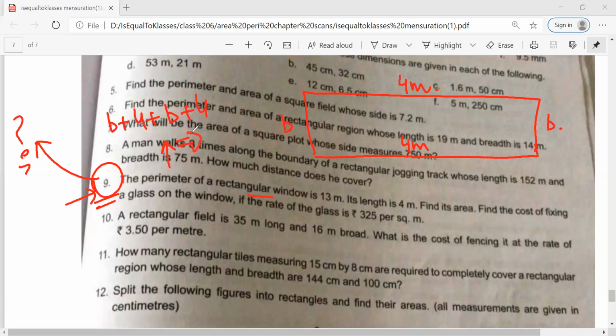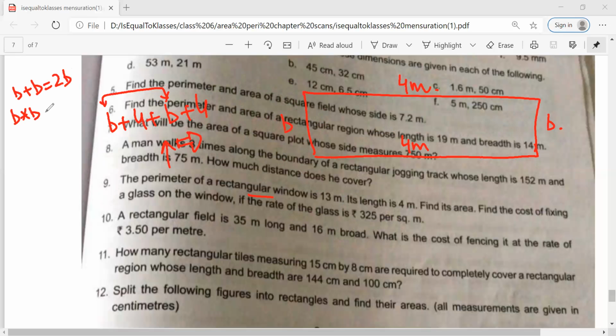Mr. Sarthak, B plus B is 2B. B into B is B square. Any doubt? No, sir.